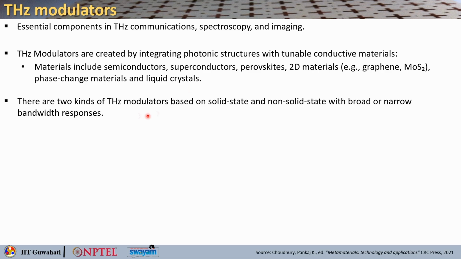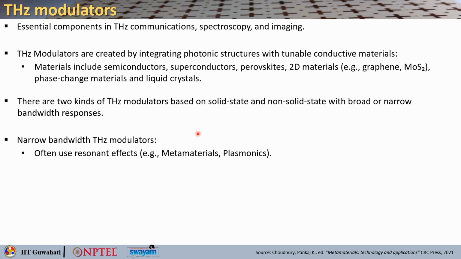There are two types of terahertz modulators, based on solid state and non-solid state, with broad or narrow bandwidth responses. Narrow bandwidth modulators typically rely on resonant effects enabled by metamaterials or plasmonics.